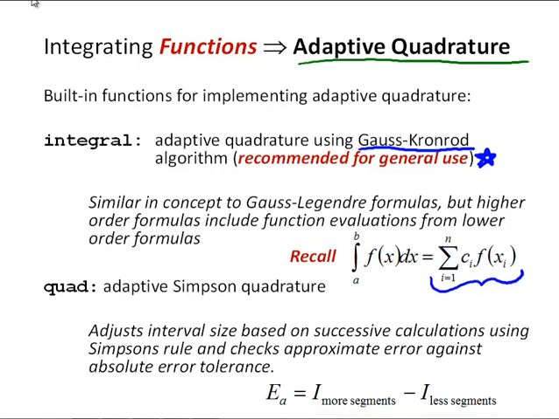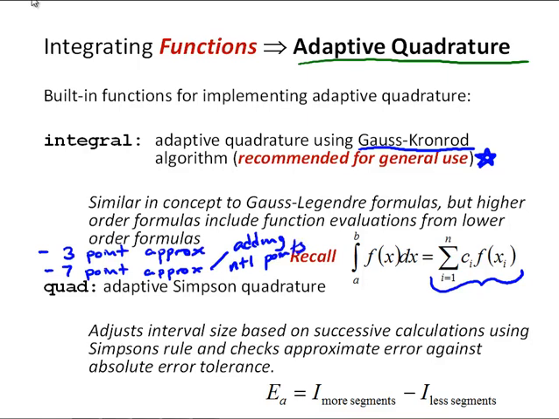But the difference for Gauss-Kronrod is it's set up such that it starts with a lower order Gauss quadrature, say a 3-point approximation, and then compares that to a 7-point approximation, always adding n plus 1 points.